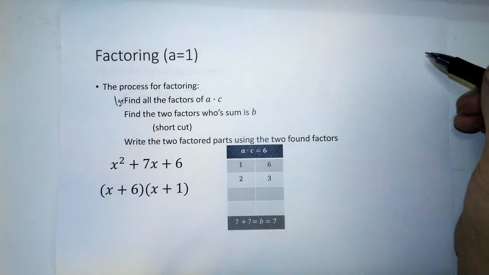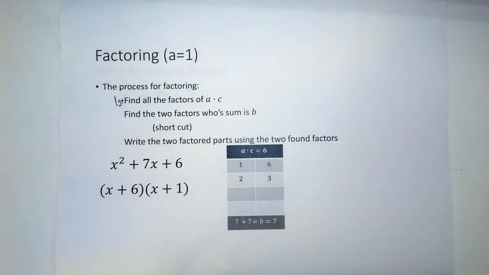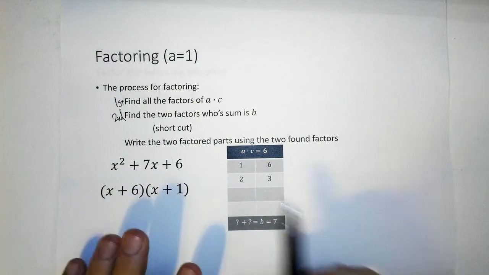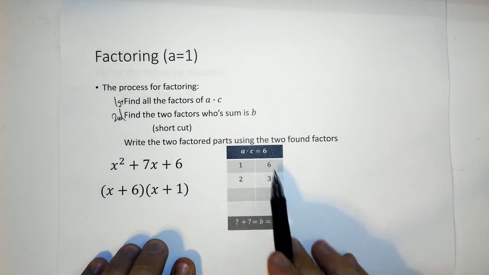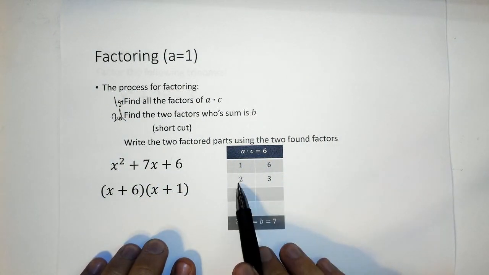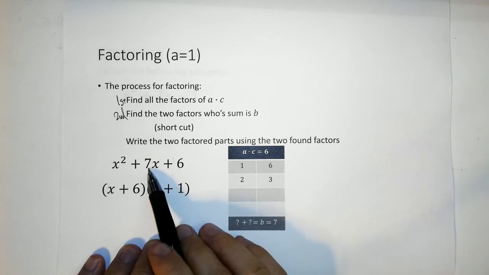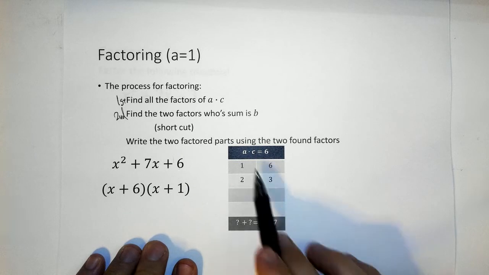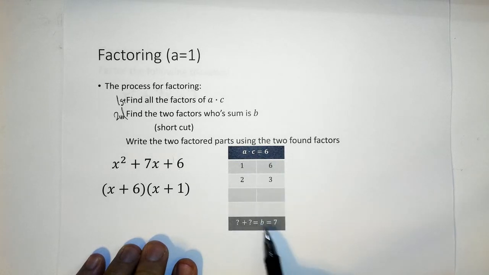Now we want to go ahead and find the two factors whose sum is b. So that is our second step: we want to find, from the factors we just listed, the pair that's going to add up to b. What is b again? It's going to be 7. Now, I like to format my problems like this, where I have a times c on top and b on bottom.